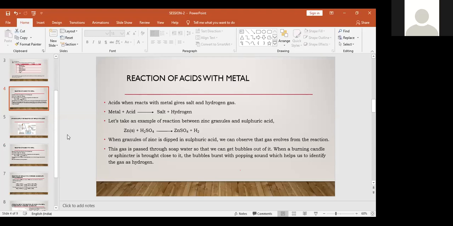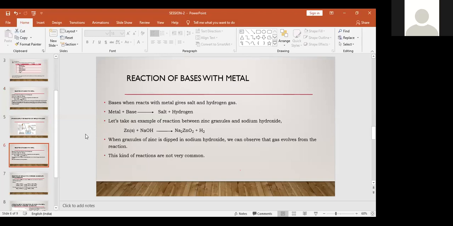Here, the metal is more reactive than hydrogen. But when it comes to bases, hydrogen is already attached with oxygen in a radical form. And it is very difficult to replace hydrogen in this case as it is in a radical form. That's why the reactivity of the metals falls down, and hence these kinds of reactions are not very common. It is very difficult to break a radical and take one element out of it.